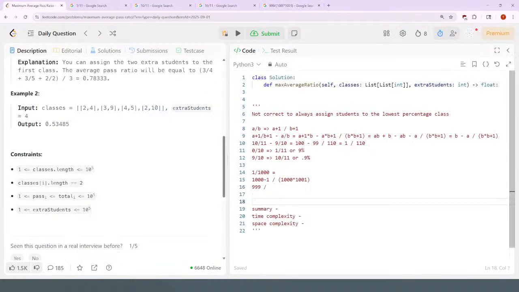I'm gonna go one more step actually. So a plus k divided by b plus k.